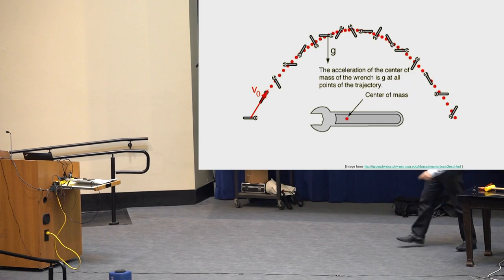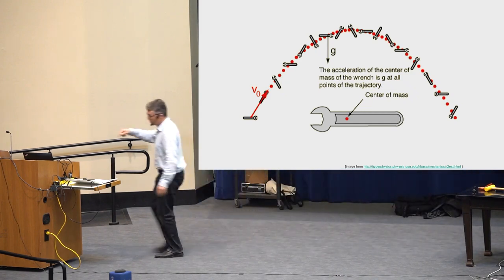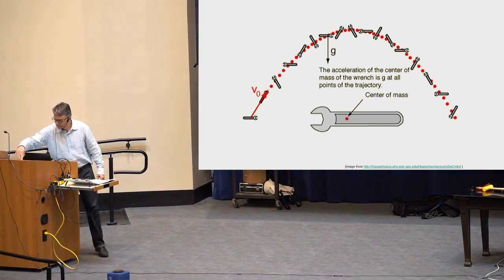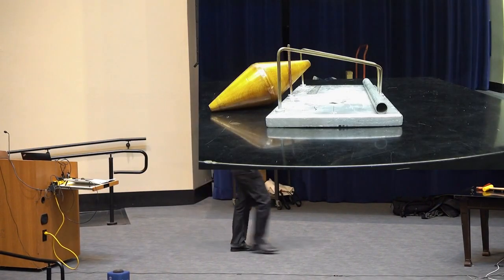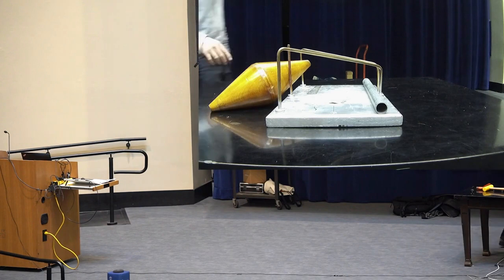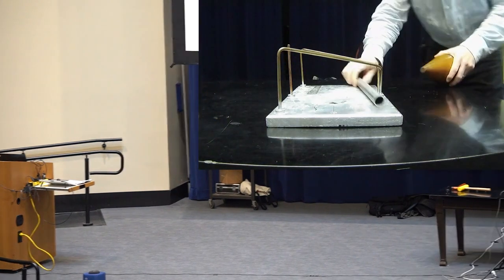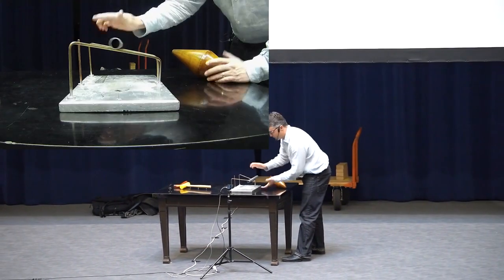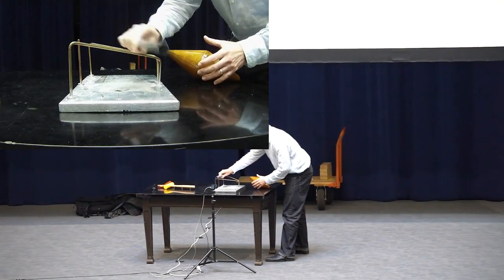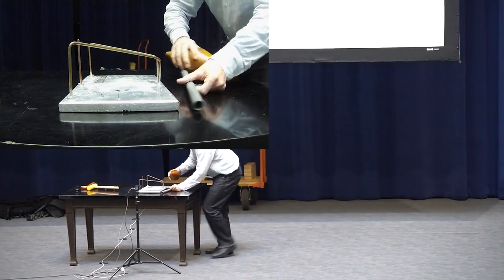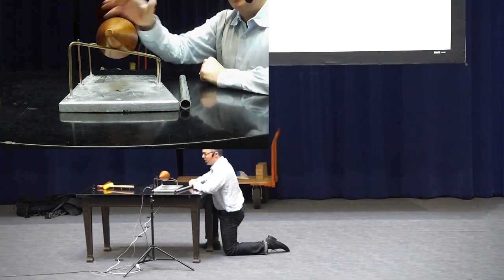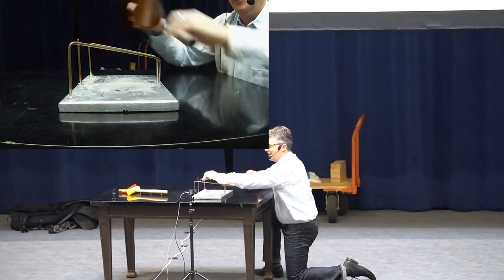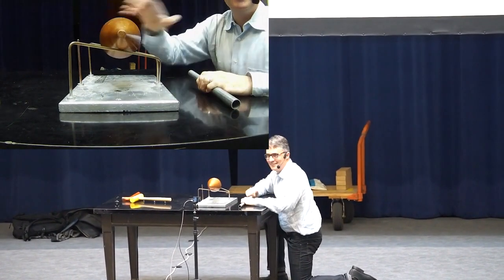Do you want to see another weird video? So here's a demo that Jonathan brought, which is just a metal track, and you release something and it rolls down. And then if you put this one on it, it rolls up the hill. So why does that one go that way and that one go that way?